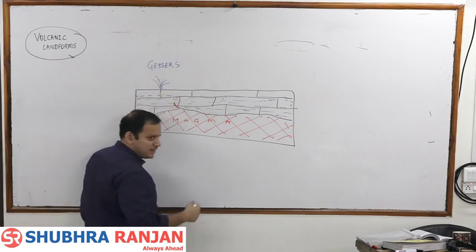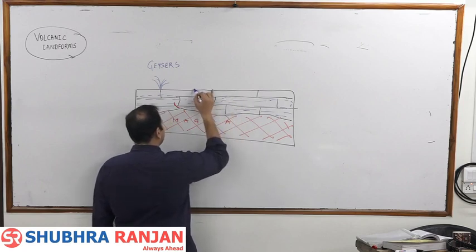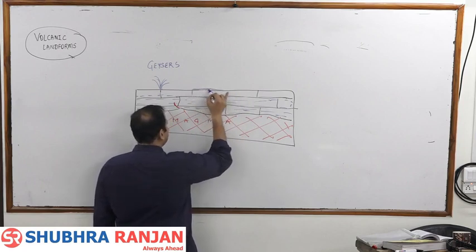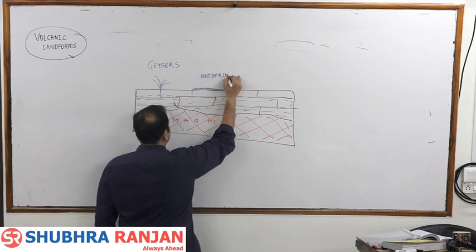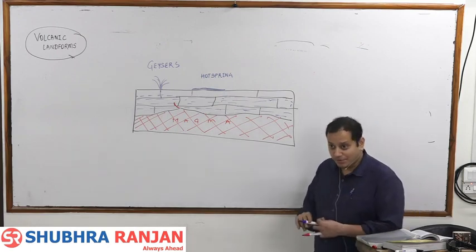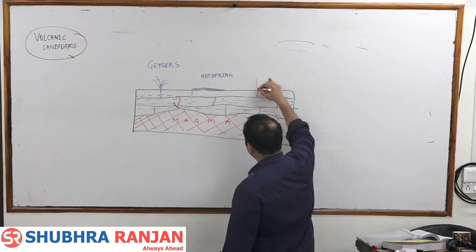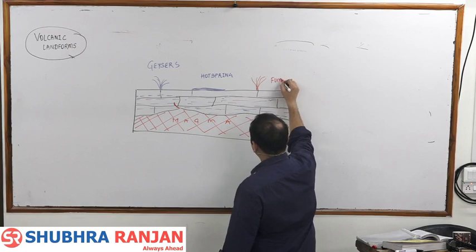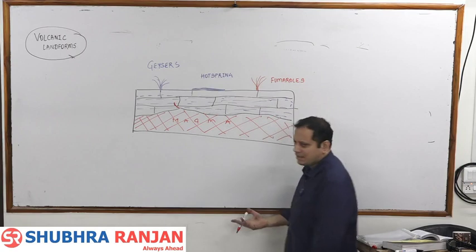If the heat is not great, still water will expand, and this water, instead of coming out with great force, will flow or come out through a spring. And sometimes the heat is so great that instead of water coming out, only smoke comes out. Fumes come out, fumaroles.